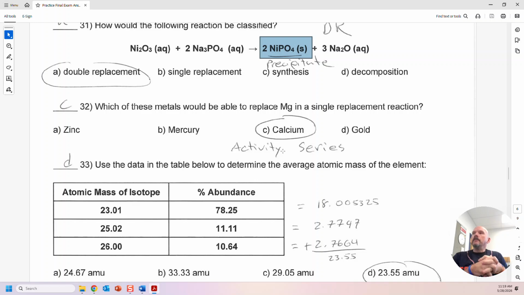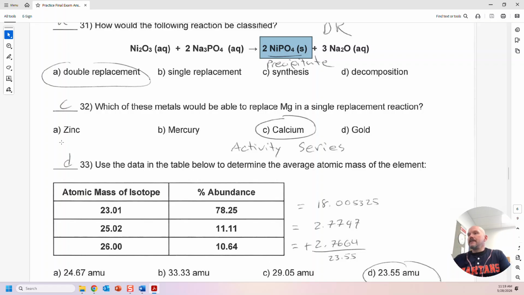So for single replacement, like replaces like. So a halogen is going to replace another halogen, like fluorine replaces chlorine, right? But if you have a metal or hydrogen, metals replace metals or hydrogen, right? But only if it's above it on the activity series.